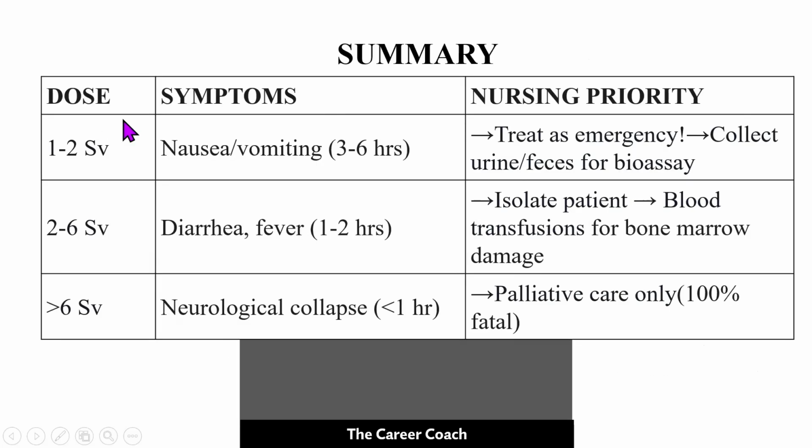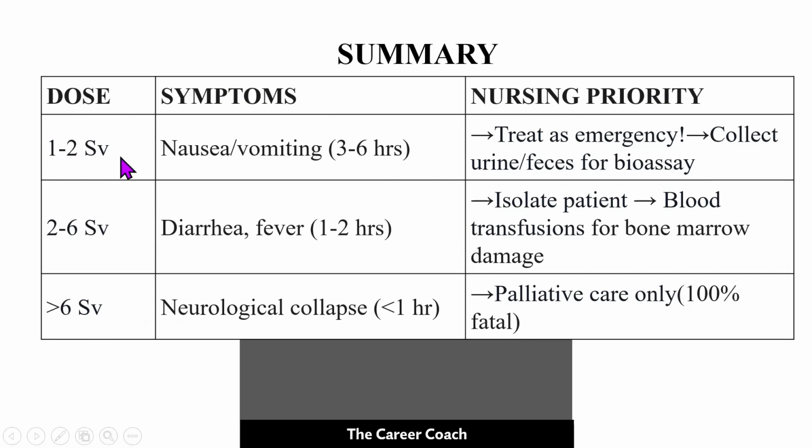Summary: we want to look at the dose of some radioactive elements, the symptoms, and nursing priority. Basically, with regards to exposure to radioactive elements, there are some doses that will become excessive for the human body to handle. So let's begin.